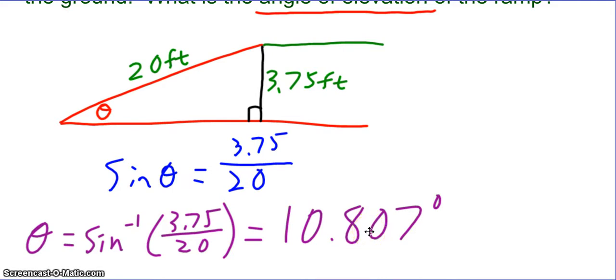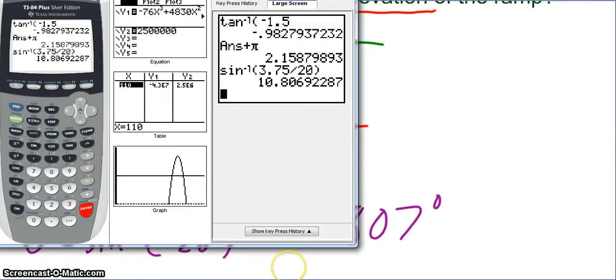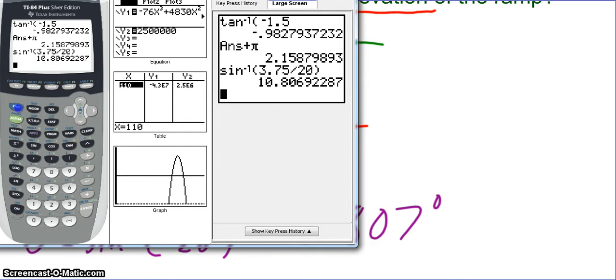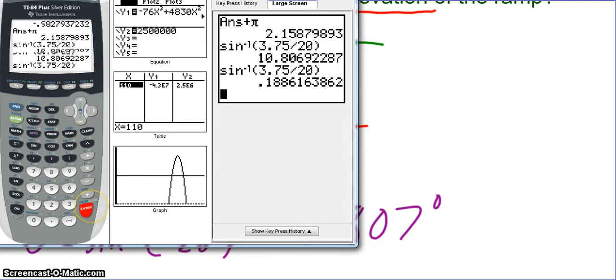If I tell you something is a 10-degree angle, you can probably picture that in your head, what that kind of looks like. But if we were in radians, and we type this in, we would end up with 0.189 radians approximately.